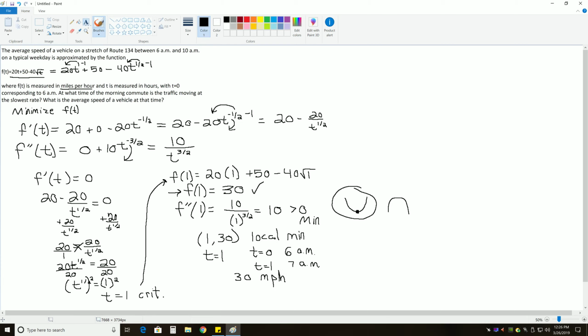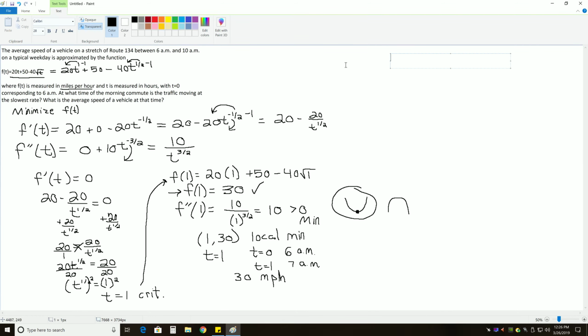So let's put this into a sentence answer and we'll have the problem completed. So we'll say the slowest rate of speed occurred at 7 a.m. and was an average rate of 30 miles per hour.